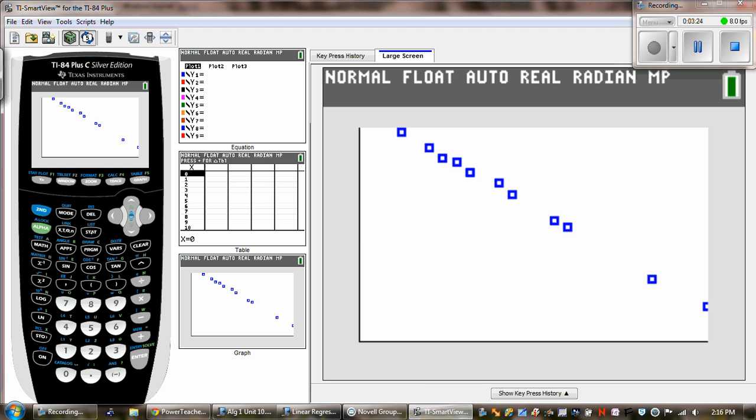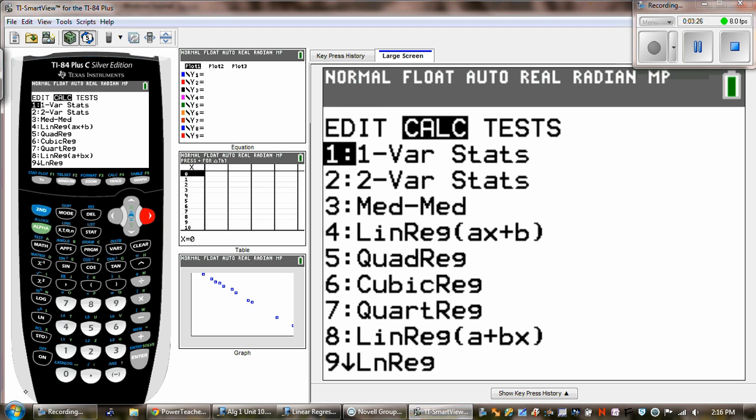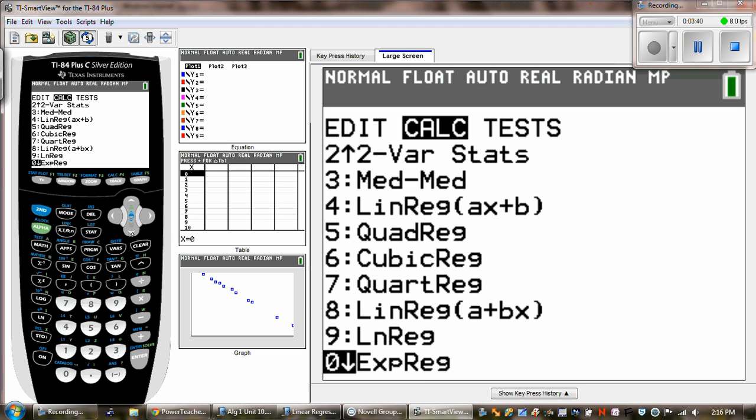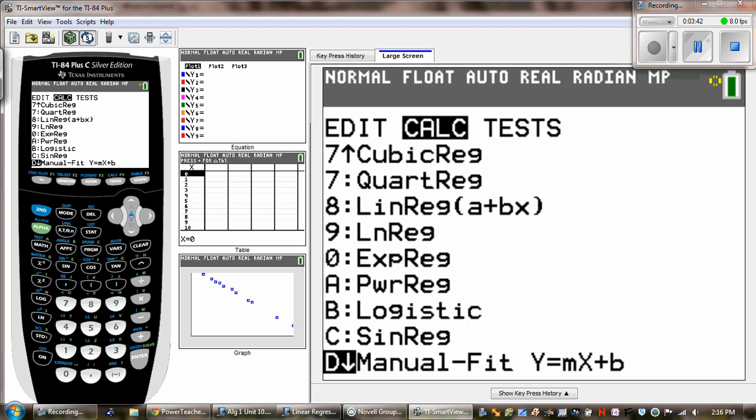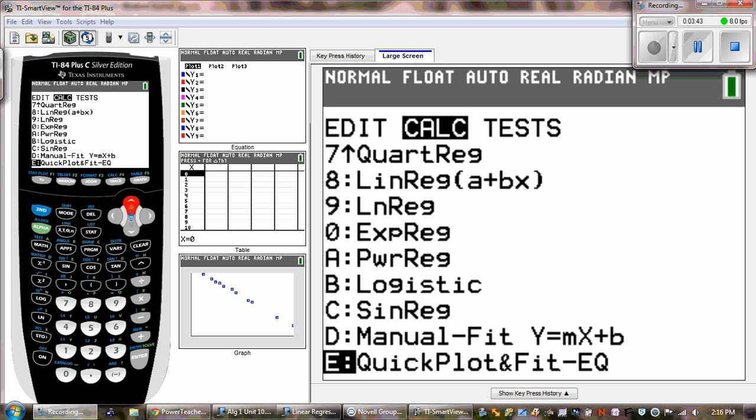On your calculators, when you go to CALC, you can see that the line number 4 on mine is LinReg, 5 is QuadReg, and if we go down, 0 for mine is the exponential regression. Sorry, I sneezed.